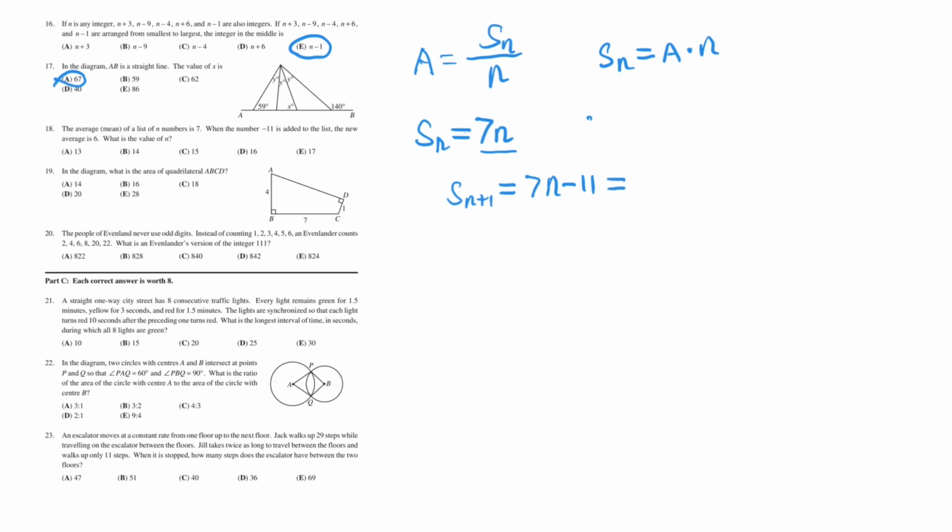The new sum also equals the average, 6, times the number of numbers, which is now n plus 1. Now solve this equation: 7n minus 11 equals 6n plus 6.